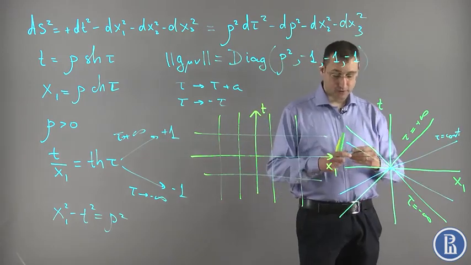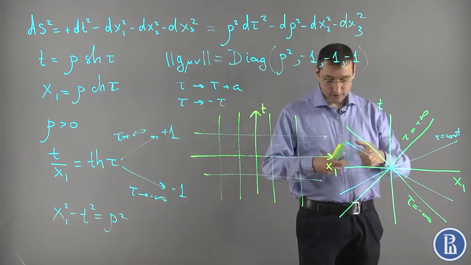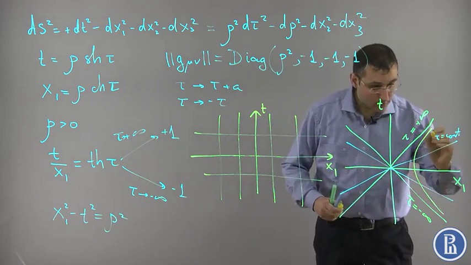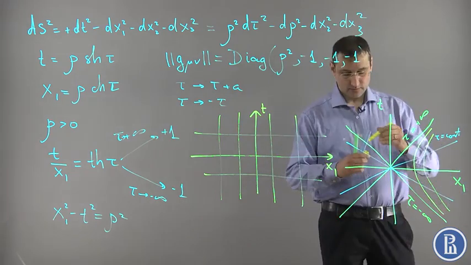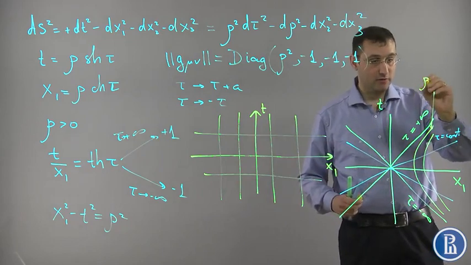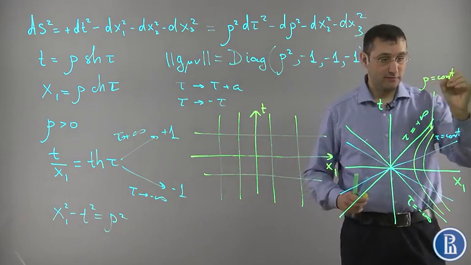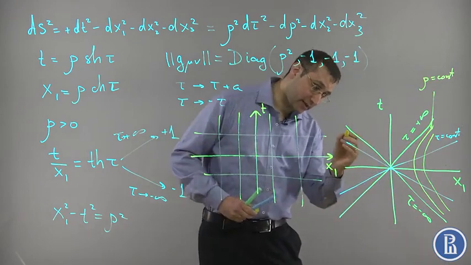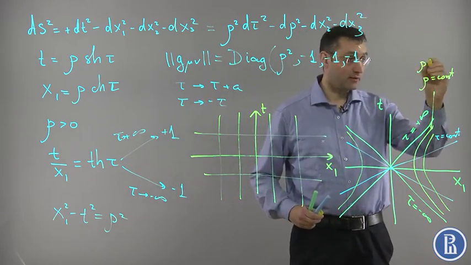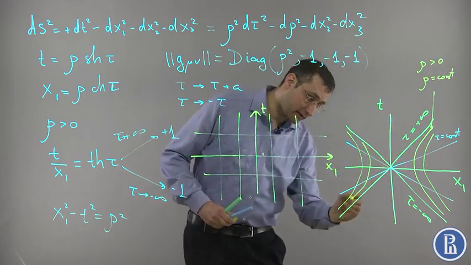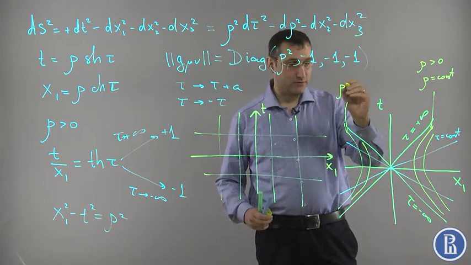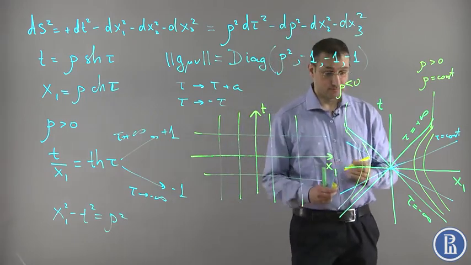And the lines of constant rho are just hyperbolas. So these are lines of constant rho. For rho positive, this is for rho constant and greater than 0. And for rho negative, we also have hyperbolas, but this corresponds to rho less than 0.